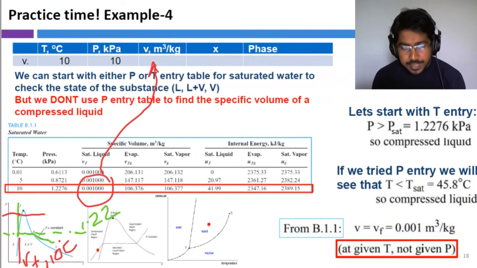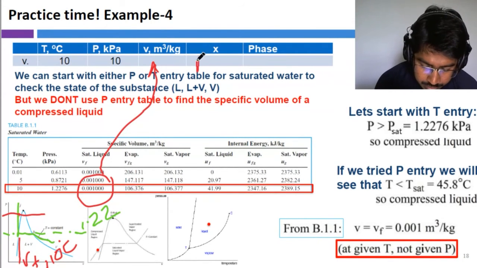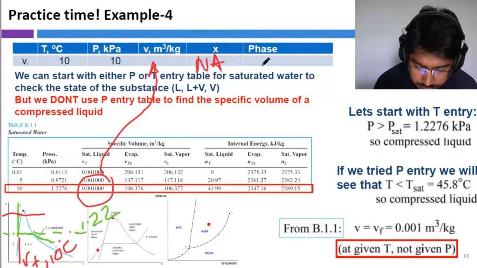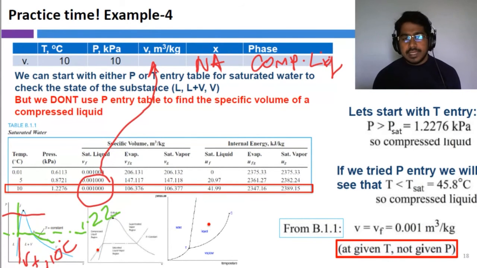And we agreed that we don't have quality for compressed liquids or superheated vapor, so this is going to be non-applicable. And then this is compressed liquid, or we can say subcooled liquid, right? These are synonyms. So if you see either compressed liquid or subcooled liquid in a question, it means the same thing.